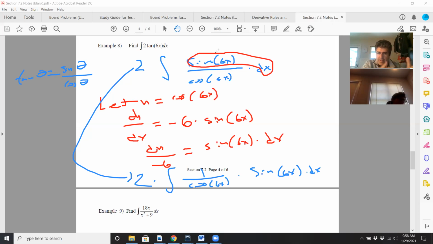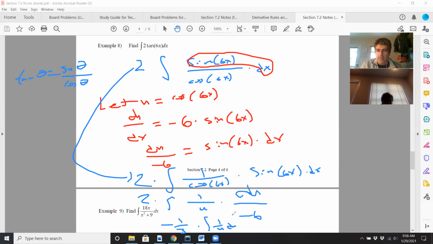Now I can do my substitution: 2 times the integral of 1 over u times du over negative 6, because remember, sine 6x dx is du over negative 6. I have 2 over negative 6, which becomes negative 1/3 times the integral of 1 over u du.